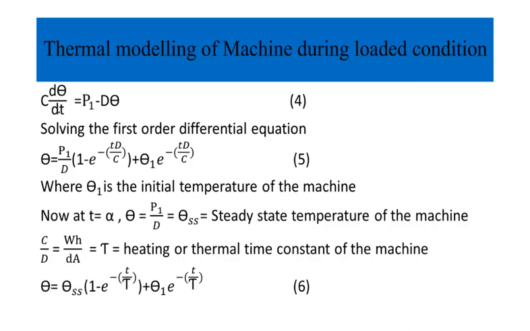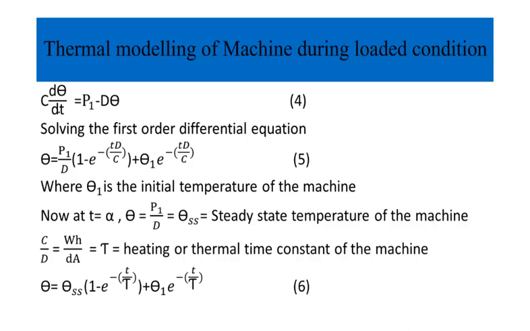Solving this differential equation, we will get the value of theta. So theta is equal to P1 by D into 1 minus e to the power minus t D by C, plus theta 1 e to the power minus t D by C, where theta 1 is the initial temperature of the machine. That means when t is equal to 0, the temperature of the machine is theta 1.